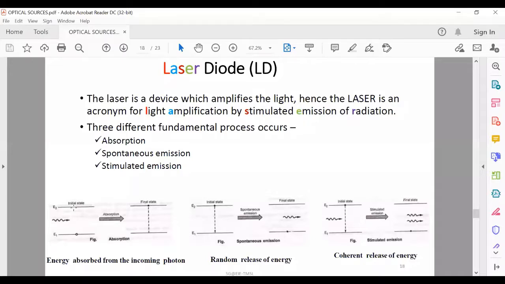Okay, and the frequency of the absorbed or emitted radiation is related to the difference in the energy.